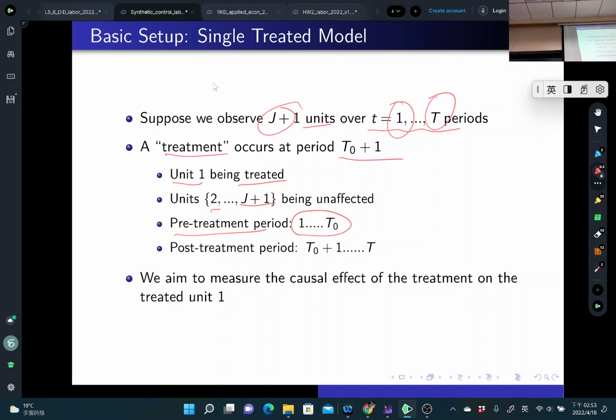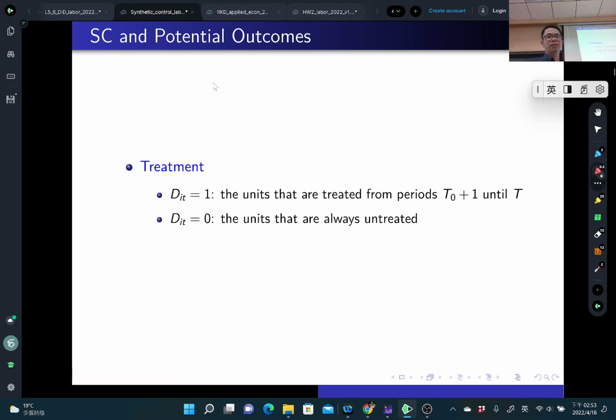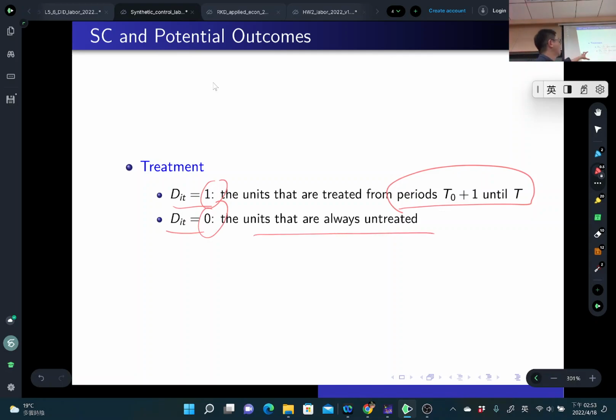Our goal is to measure the causal effect of the treatment on the outcome for the treated unit 1, for California. That is the causal effect of the policy on California. So the treatment D equal to 1 means the unit gets treatment during the post-treatment period, and D equal to 0 means the unit is always untreated.